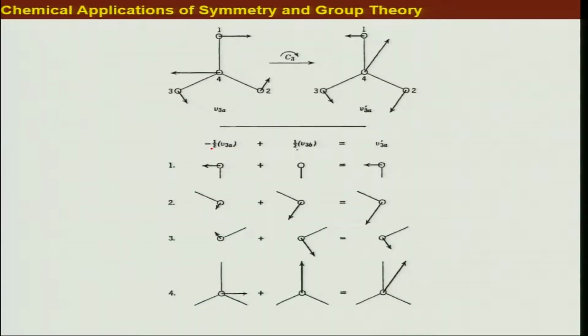So here we are showing an example of how that C3 affects this structure with nu 3a. So this is the one. So after operating C3, what will happen? So this arrow here on this atom 1. Here when we are doing this operation, we are only dealing with these vectors. All right. So this guy will now go over here, right? So accordingly its orientation will also change.